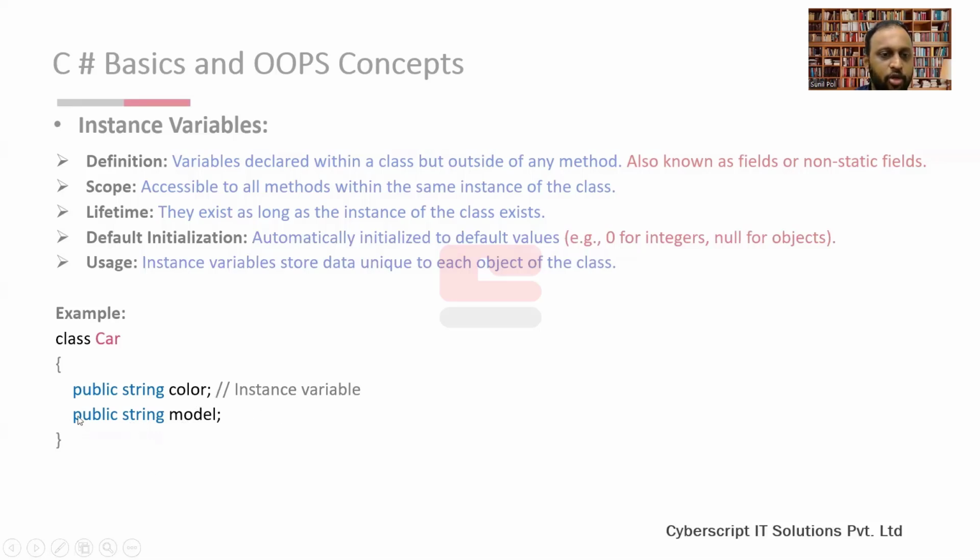Whenever we create the object of the Car class, those variables are also created in memory. Here, with the help of the new operator, we are creating the object car1. If you want to use those attributes, you just have to write car1.color is equal to red. So here car1.color has the value red and model sedan.